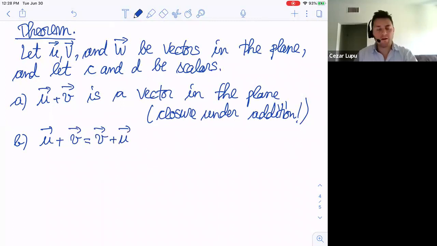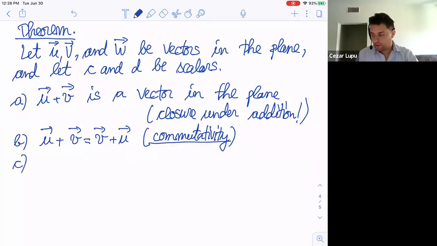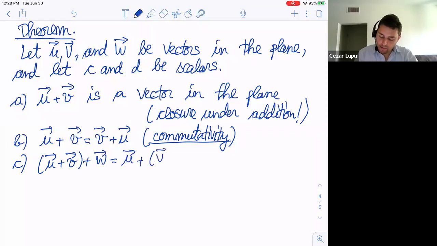It's the same as v plus u. So the addition is commutative. C: we have associativity, so (u + v) + w is the same as u + (v + w). It doesn't matter the order. This is what we call associativity.